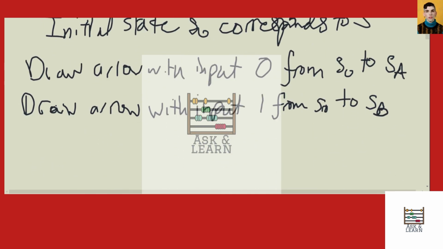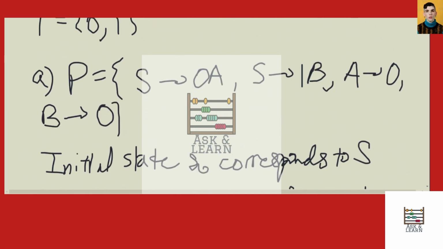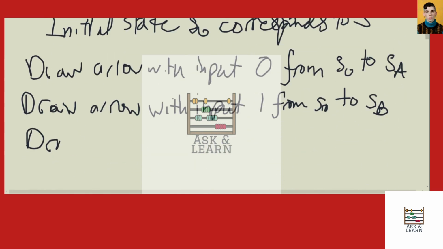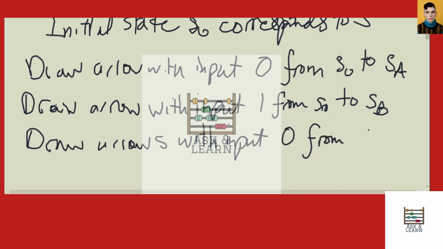And finally, draw arrows with input 0 from SA and SB to F. Sorry, F instead of SF.